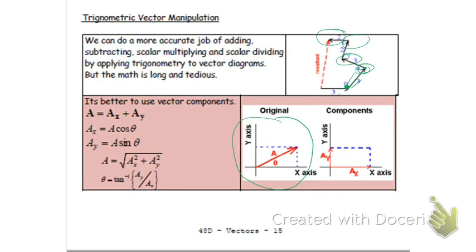From then on, I'll add all the x's together as one column and all my y's together as another column. I'll have the x component of my answer and the y component of my answer. If I want the answer's magnitude, I'll use Pythagoras. If I want my answer's direction, I'll use tan to the minus 1.